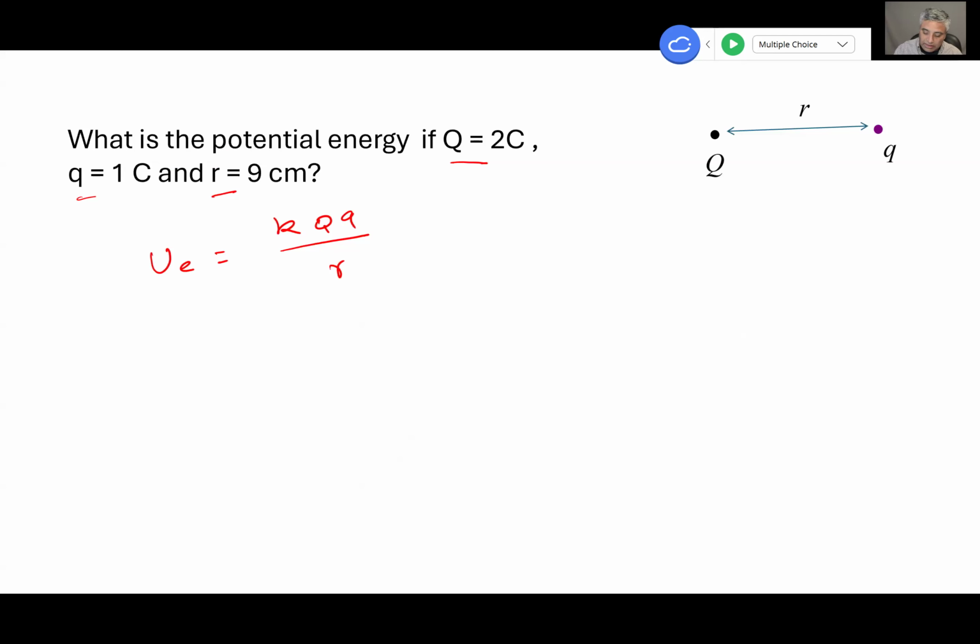So now, coming back to this problem, there is one charge, there is another charge, and the separation distance between them is R. So all this information is given.